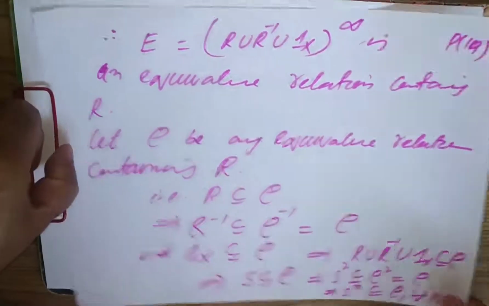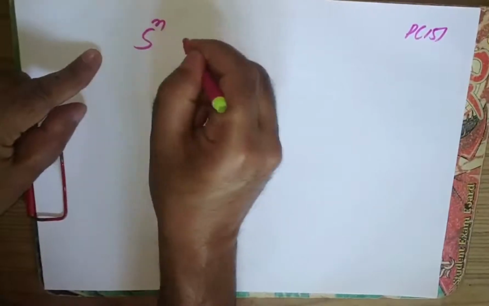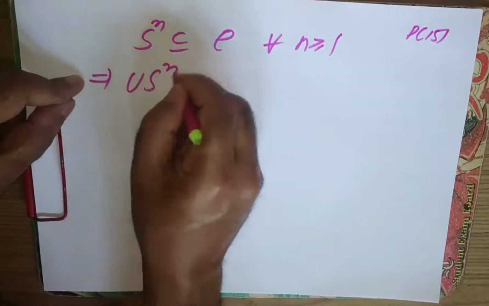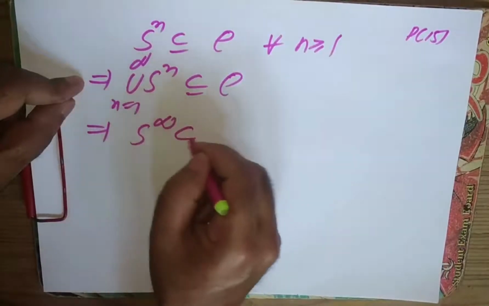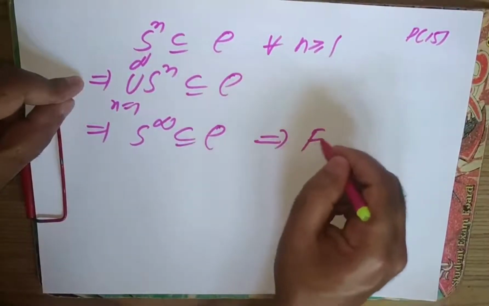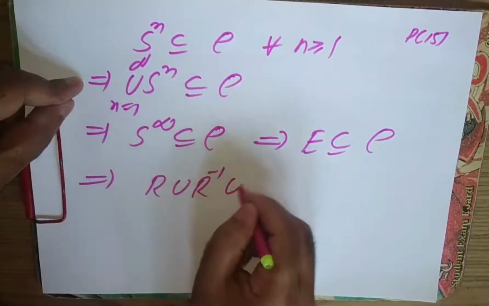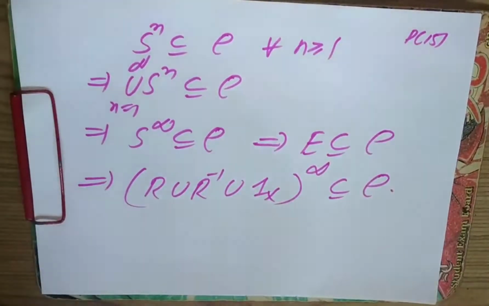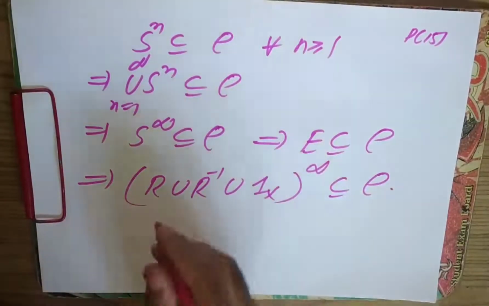So we have Sn subset of rho for all n greater or equal to 1, which implies the union of Sn, n running from 1 to infinity, is a subset of rho. So S infinity is a subset of rho, which implies E is a subset of rho. E is actually R union R inverse union Ix whole infinity. So any equivalence relation rho containing R contains this relation.